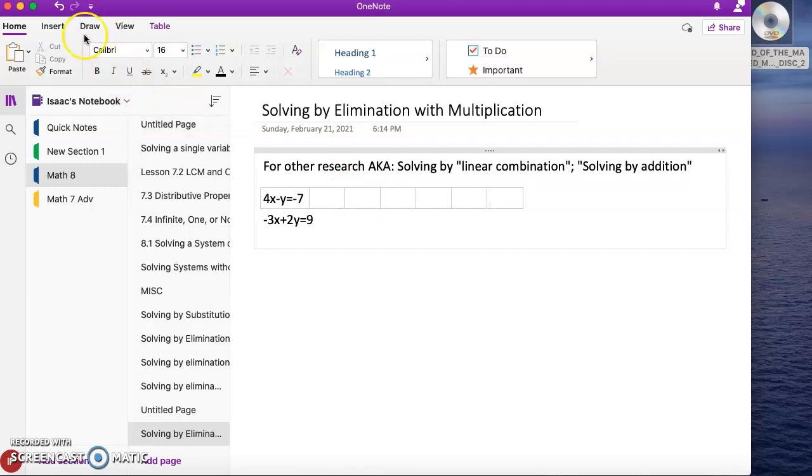So first we're going to say step one, number the equations. So I'm going to call this top one equation 1 and the bottom one equation 2.